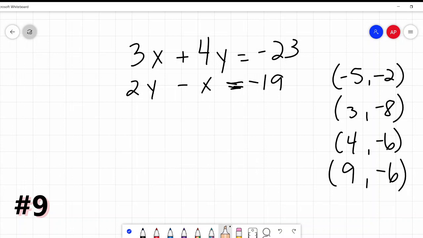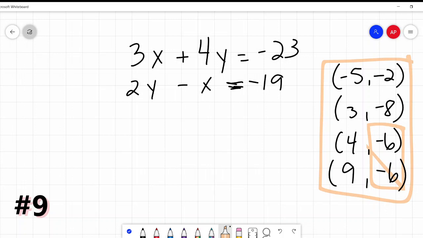One thing, a little test strategy, look at the answers over here. If you notice, 2 of these have the same y value of negative 6. So whichever way I do, substitution or elimination, I want to do it so that I solve for x, not y. Because if I solve for x, I already know my answer.